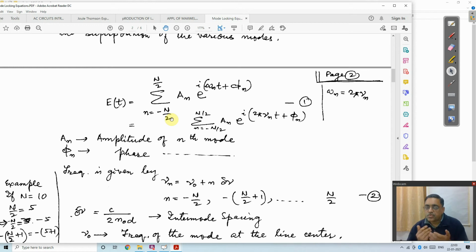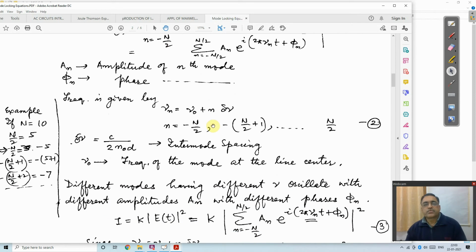Once we know the amplitude, squaring that amplitude gives the intensity. So from the central frequency, 1, 2, 3 up to N by 2, and similarly on this side.